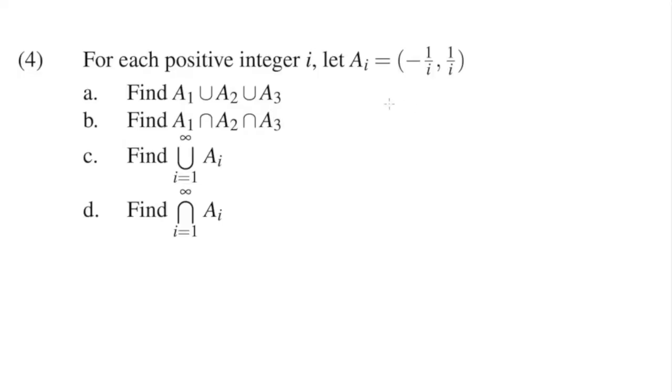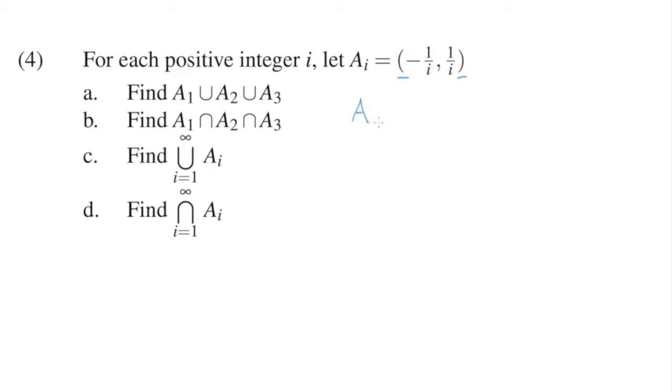Okay, so now we have a slightly more complicated question. For each positive integer I, let a of I, so a subscript I, equal the open interval, so not including these boundaries, the open interval between -1/I and 1/I. Okay, so let's deconstruct this and really see what it means.